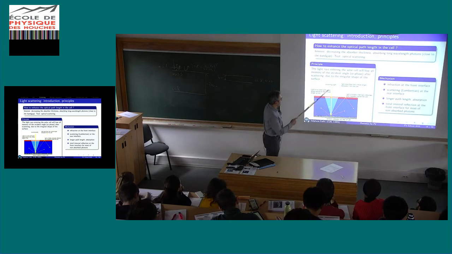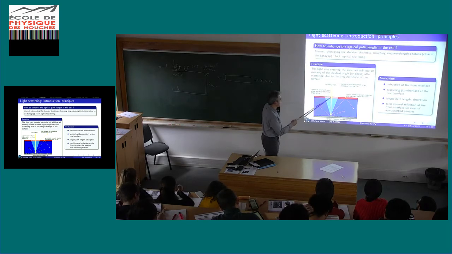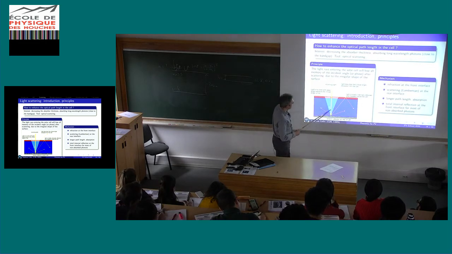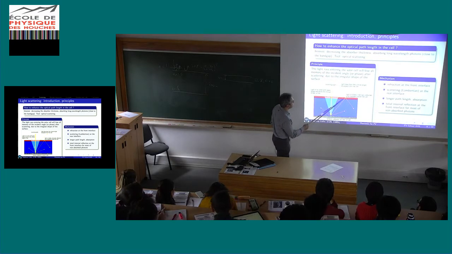So you have incoming light. Imagine you have an anti-reflection coating, so no reflection at this point. Normal incidence, and then you have light scattering at the backside, for instance. So you will change the angle of propagation of light, but as you know, at a certain angle of incidence, you have a total internal reflection at this interface between a high refractive index and a low refractive index.